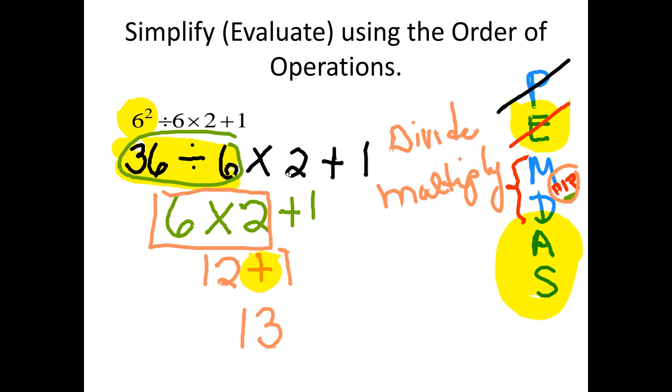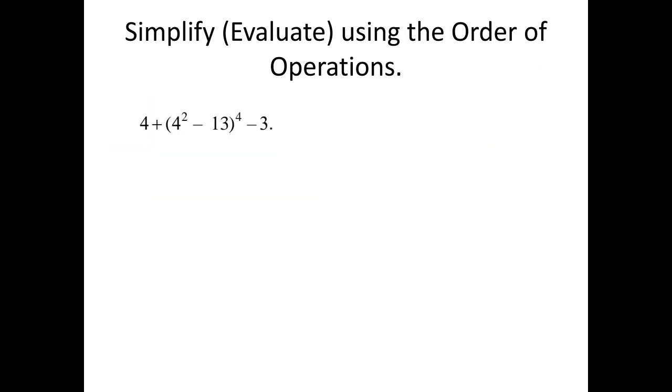Okay, right here. I have P, excuse my dear Aunt Sally. Okay. Well, first off, this time I have a parentheses. That's right here. Well, I also have an exponent inside that parentheses, but I still have to do that first.